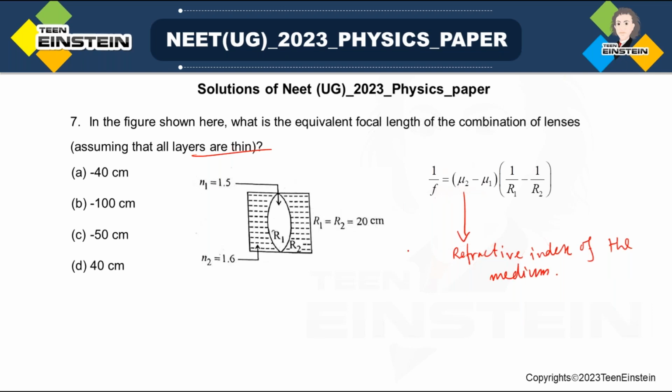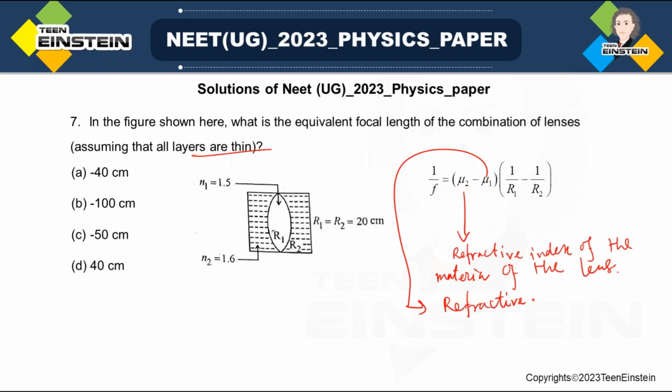Okay, and say mu1, oh no, I'm sorry, this mu2 is actually the refractive index of the material of the lens, and this mu1 is actually the refractive index of the medium.